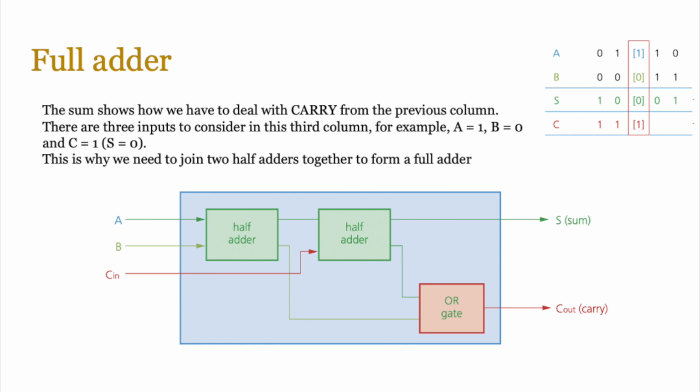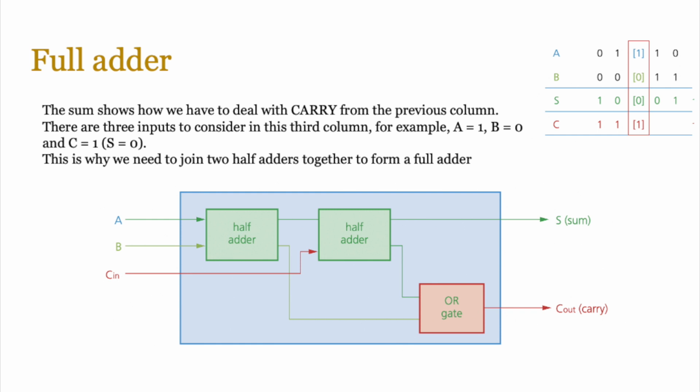Using my particular circuit diagram for the half adders, you probably should have 5 gates. You should have 2 inputs A and B, which go into the first half adder, and then you've got the carry in, which goes into the second half adder. The second half adder will take the input from the first half adder, so that's the sum bit from the half adder, that goes into the second half adder, and then obviously the carry in goes into that one as well.